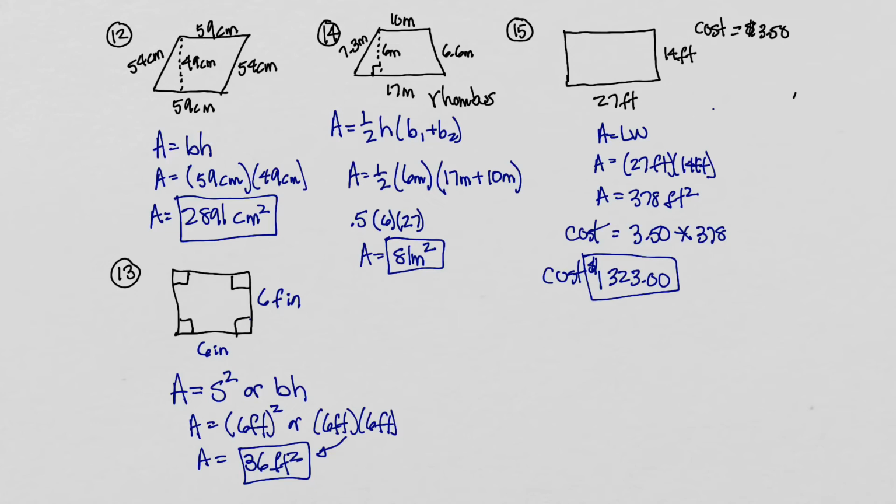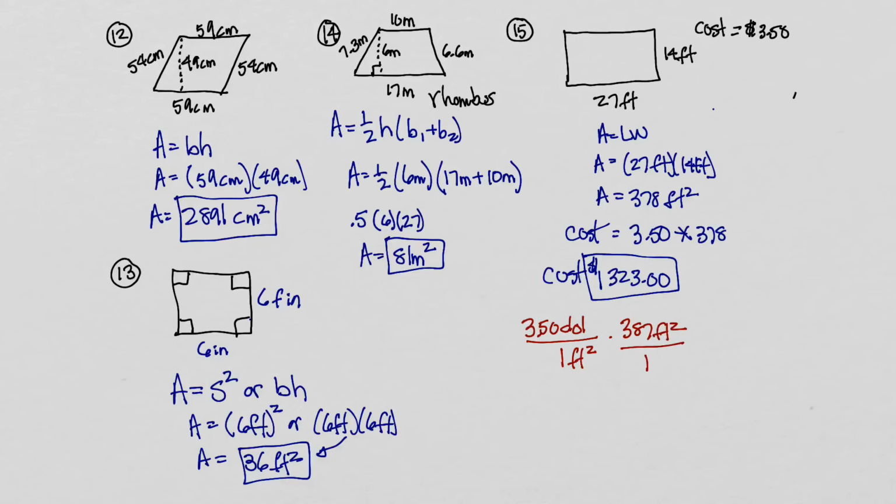Now, let's just do this again as we did a few problems back. What we really have is this. We have $3.50 for 1 square foot. That's the price, right? The price is $3.50 per square foot. So $3.50 for 1 square foot times 378 square feet over 1.